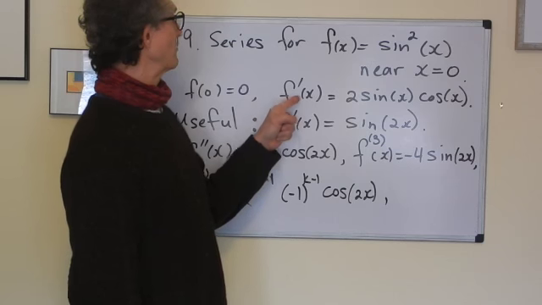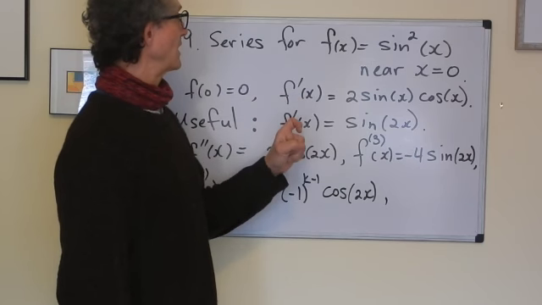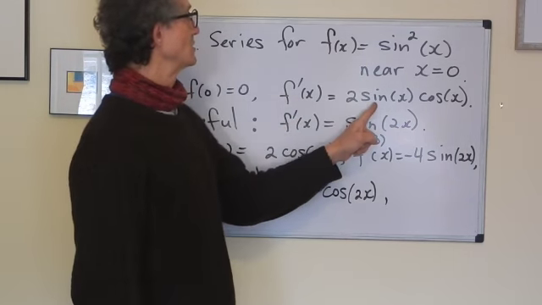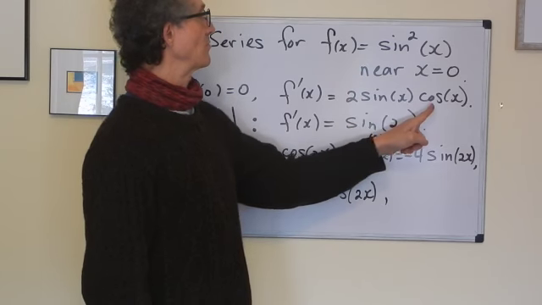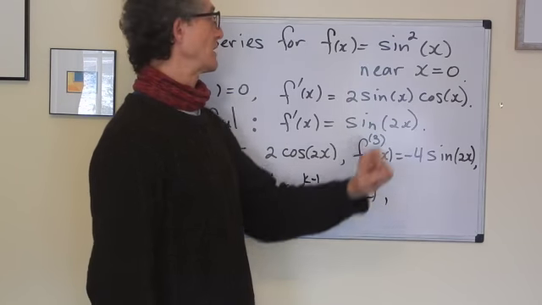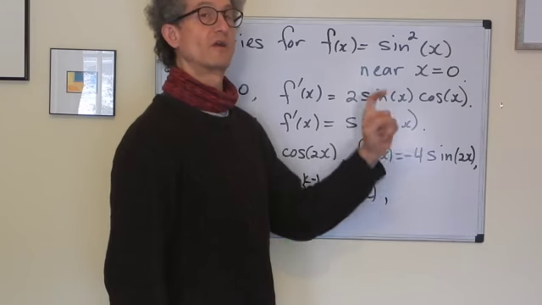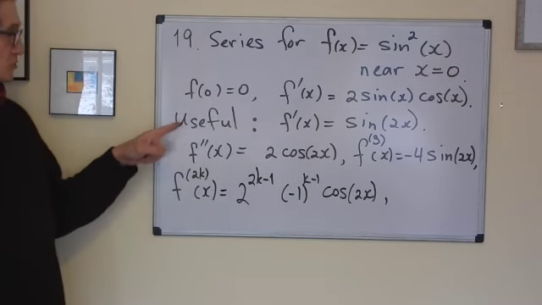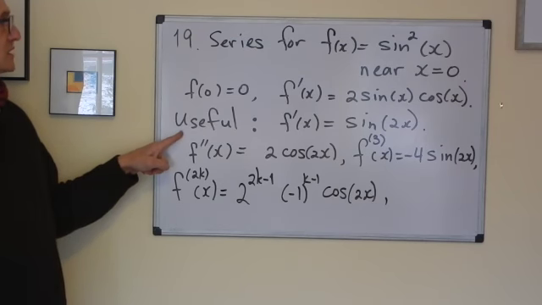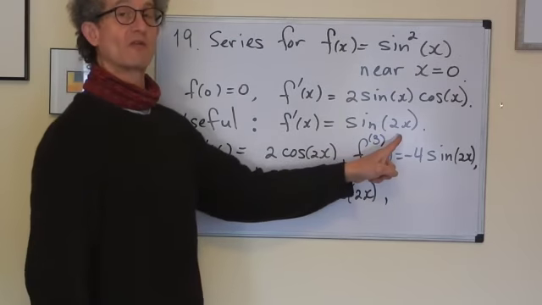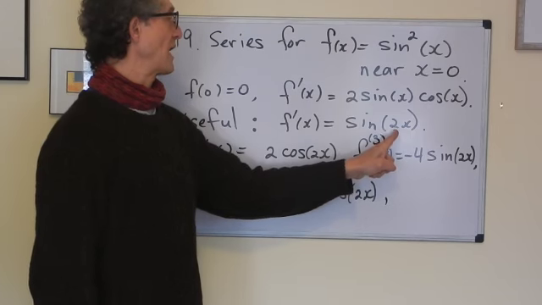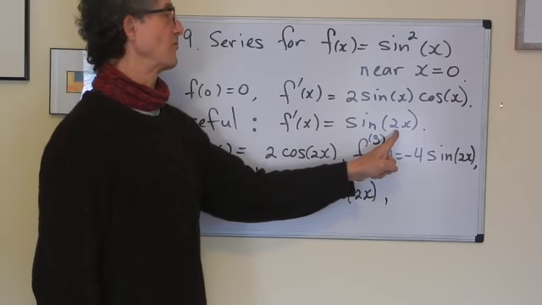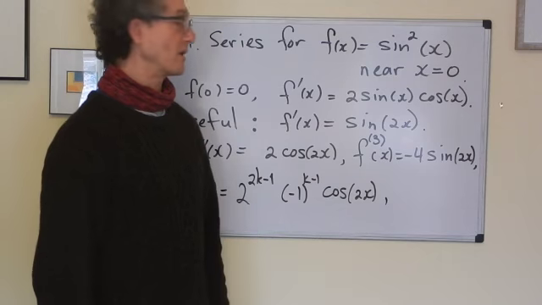If we take the derivative of f with respect to x, we get 2 sine of x times the derivative of sine, which is cosine. And now it's actually very convenient to notice that 2 sine of x cosine of x is actually sine of 2x. And so now that's going to be a lot easier to differentiate than this product.